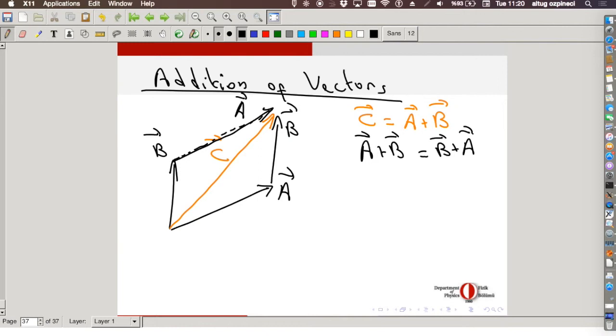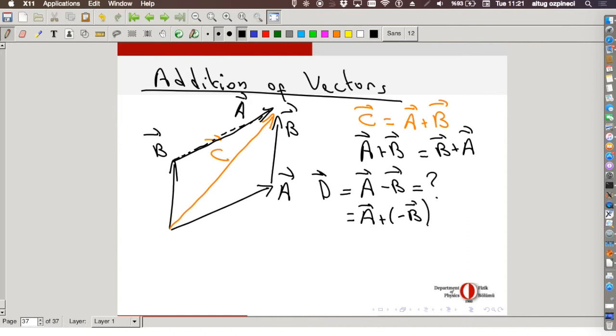So let's see, what is A minus B? Let's say the vector D is equal to A minus B. How can we show this vector on this sketch? Your friend says it is vector B but in the opposite direction, so this is nothing but A plus minus B. First of all, what is minus B?